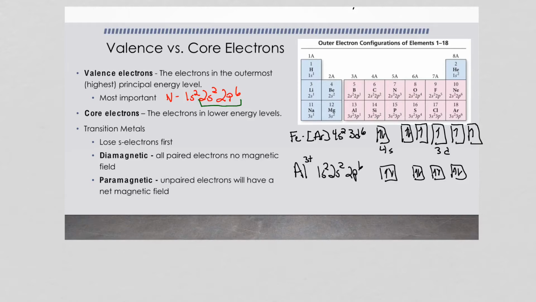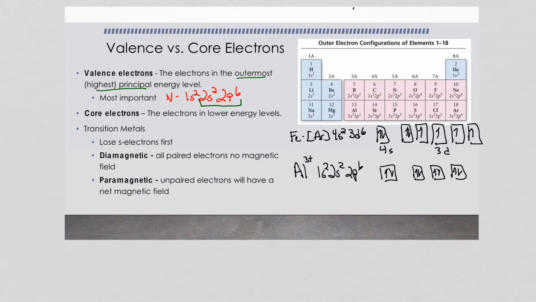So, one of the first things to understand is that the electrons in an electron configuration, we can sort of divide into two parts. We have what are called the valence electrons, and these are the electrons in the outermost principal energy level. In other words, these are the electrons in all of the orbitals that have the highest n number.